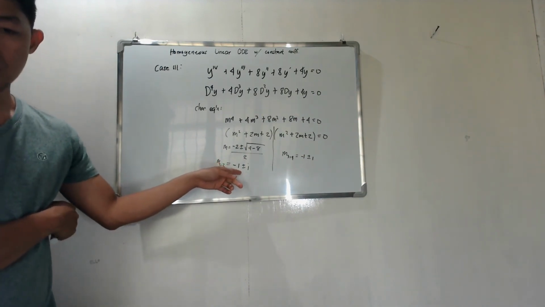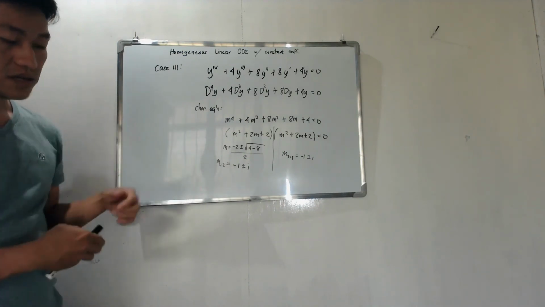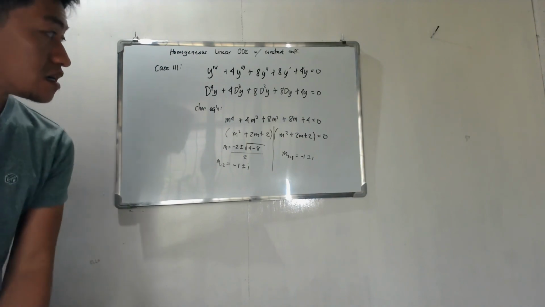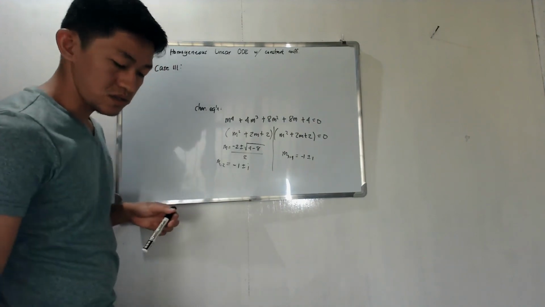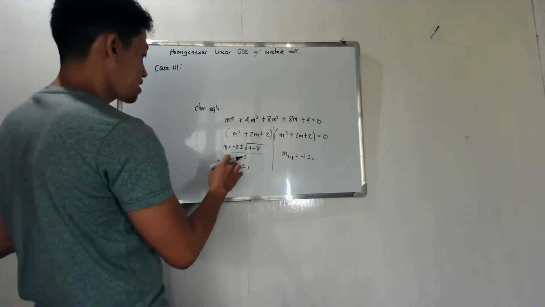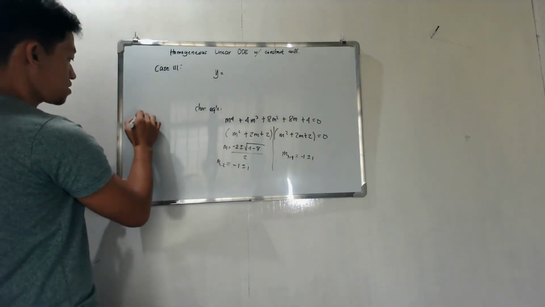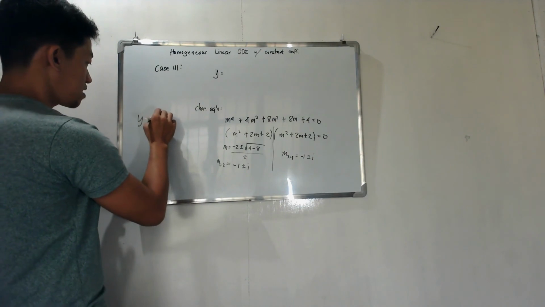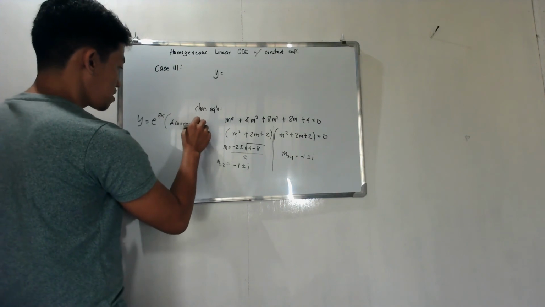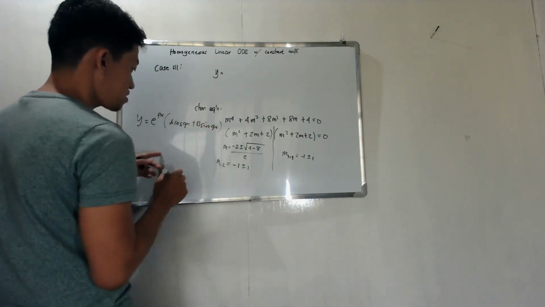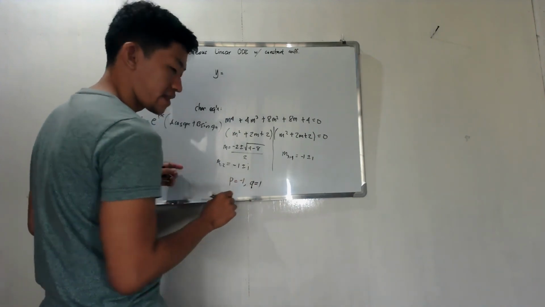So you have case 3 and case 2, repeated roots. So what will your general solution be now? I will erase this one. Your general solution would be y is equal to, again, using this format, e to the px a. What is your p? Your p is -1, your q is 1.